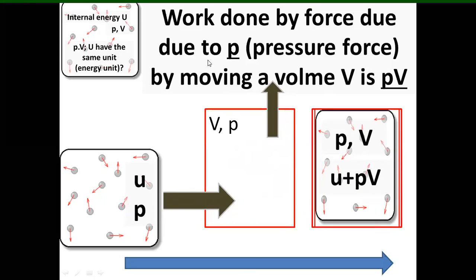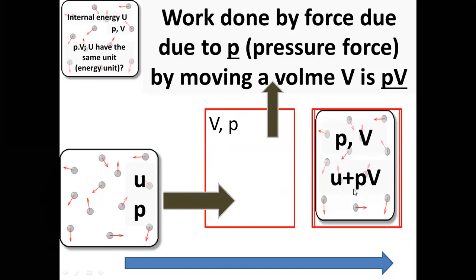So the work done by force, because of the pressure P inside, we have to do some work on this gas moving inside. We have to push this into the system. Because of that, this needs some extra PV.